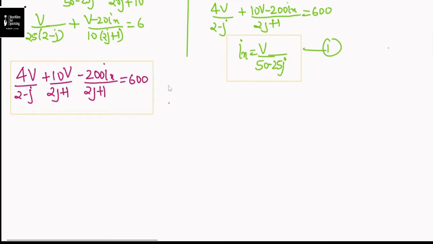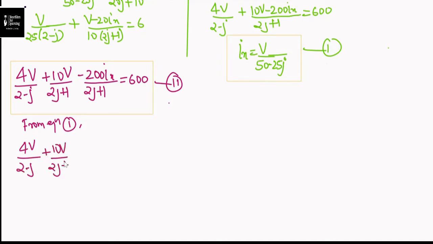From equation 1 and equation 2, we can write, putting the value of Ix that we obtained in equation number 1. We bring out common 25, so it will cancel out.